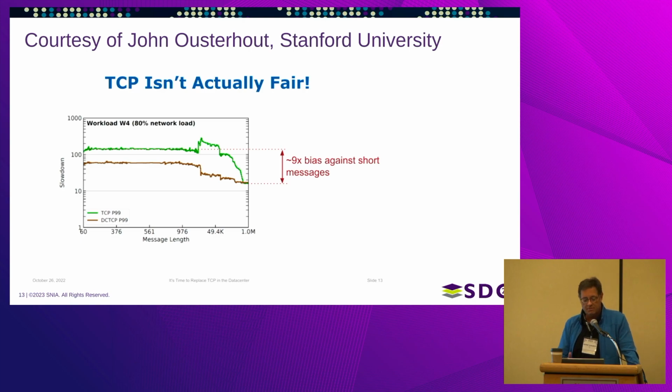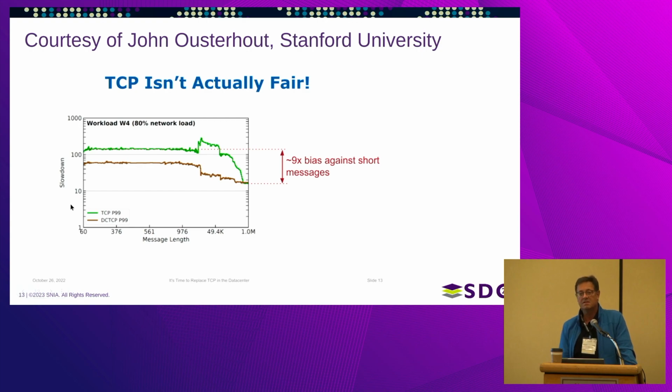And actually, this is data from one of John's PhD students, where they looked at how fair data gets transported. Let me explain this chart to you, because it took me a minute or two before I first understood it. The y-axis is what they call the slowdown.